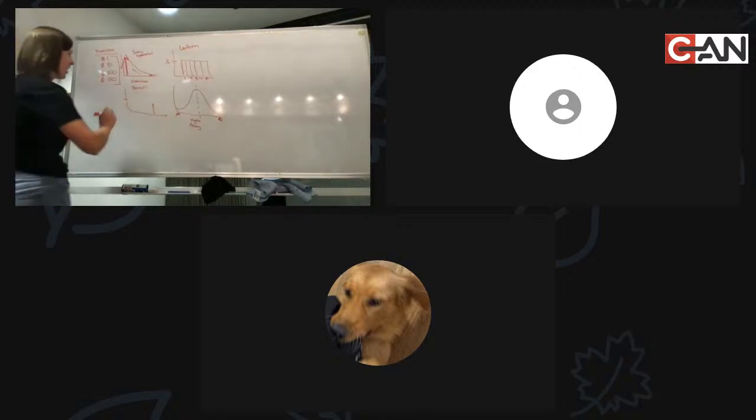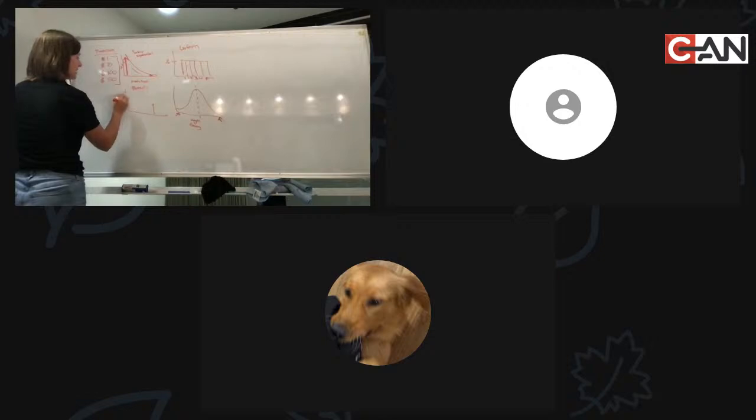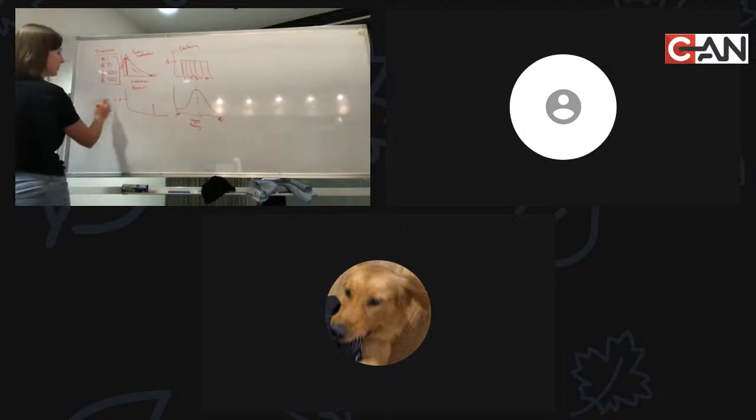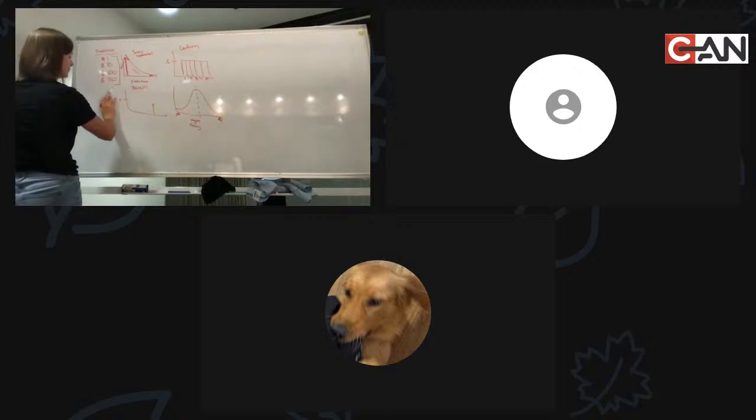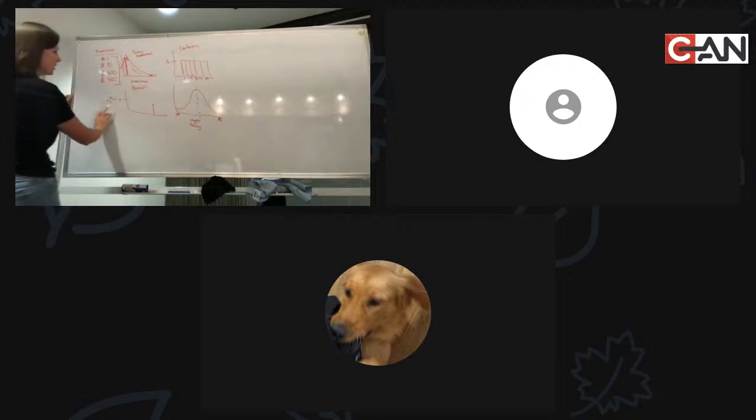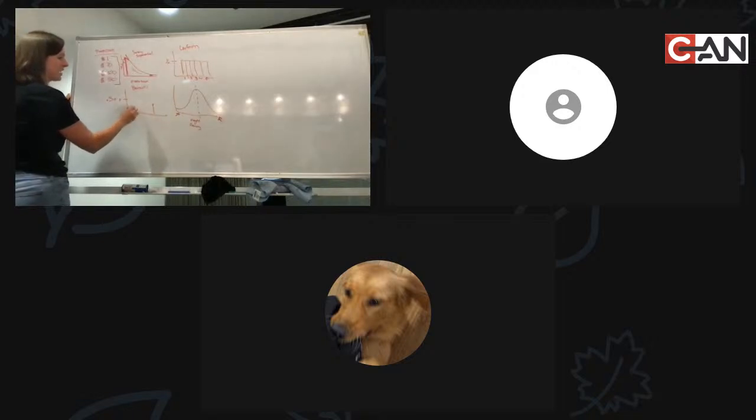So the probability of heads is, let's say, 0.3, and it's a gambling guy, and they're rigging us.